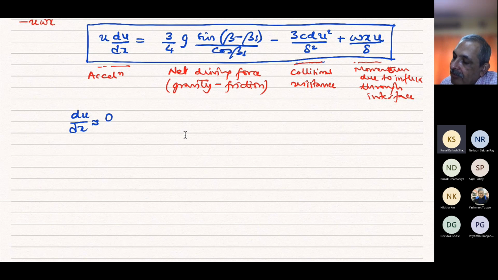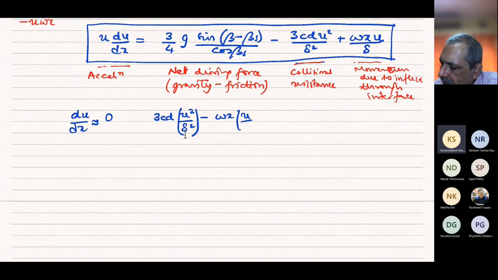So you essentially will have an equation which is something like 3 CD into u squared by delta squared, minus omega x into u by delta, minus 3 by 4 g sine of beta minus beta s cos of beta s, equal to 0.